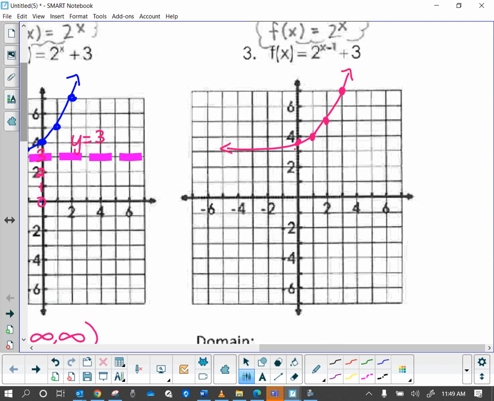So again, that horizontal asymptote is this line, and it's y equals 3, because the graph does not go beyond that boundary.